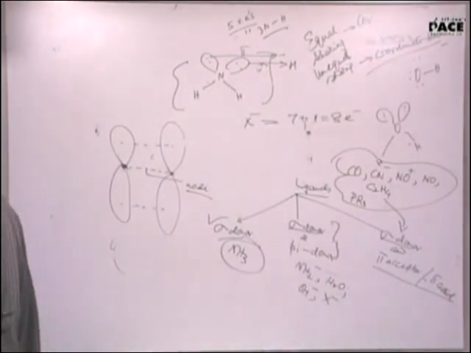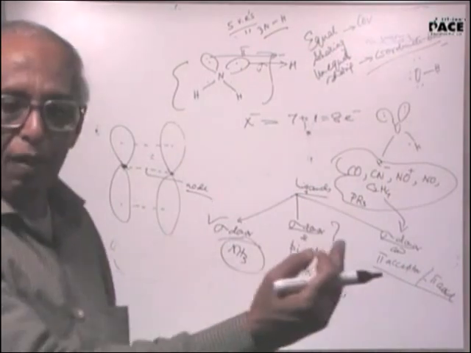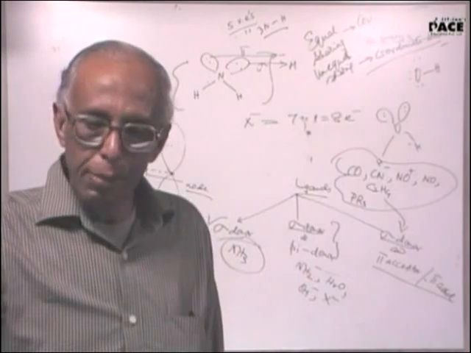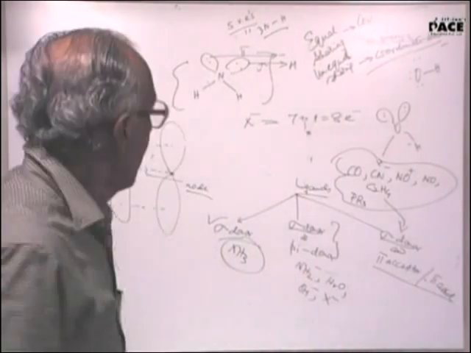Carbon monoxide, we have discussed in metal carbonyls, first gives a pair of electrons and then accepts electrons from the metal into its antibonding orbital.